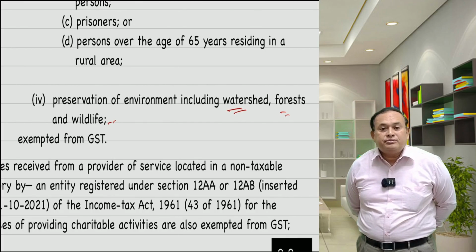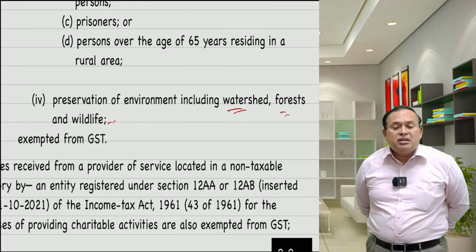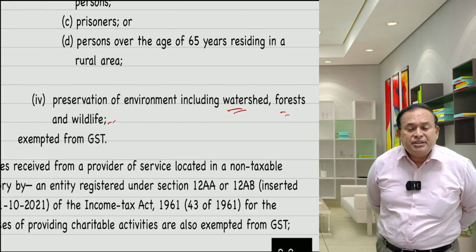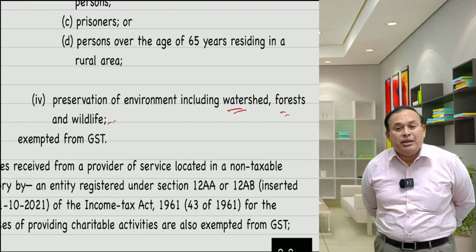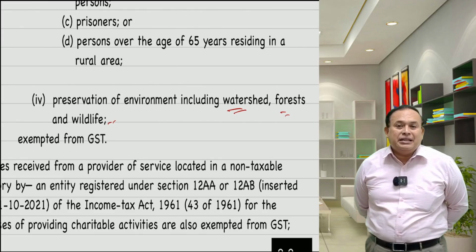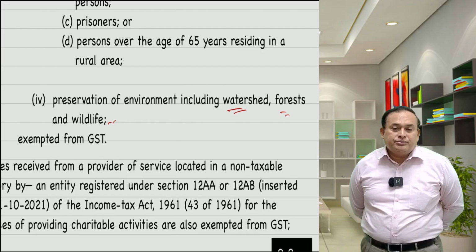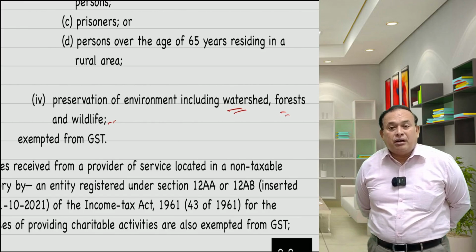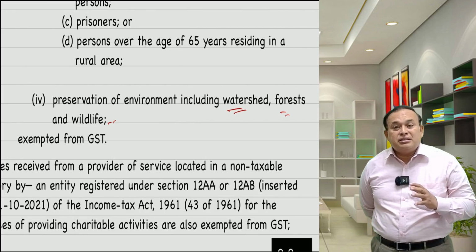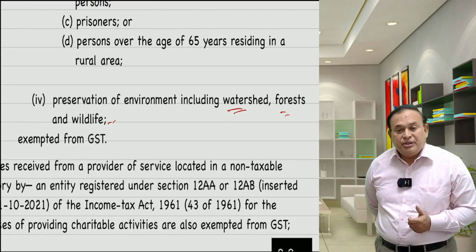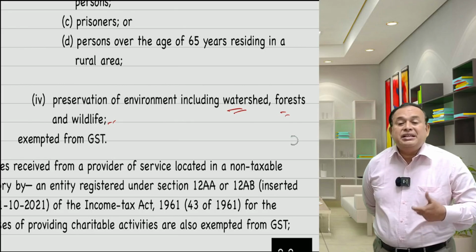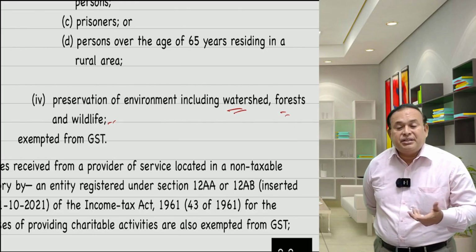Wildlife: a particular charitable trust is formed and registered under Section 12AB of the Income Tax Act, and it is going to protect wildlife animals, cheetah, lion. They are safeguarding them, for which if they provide any services for conservation.